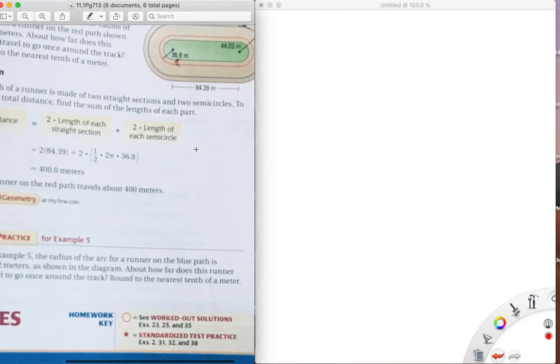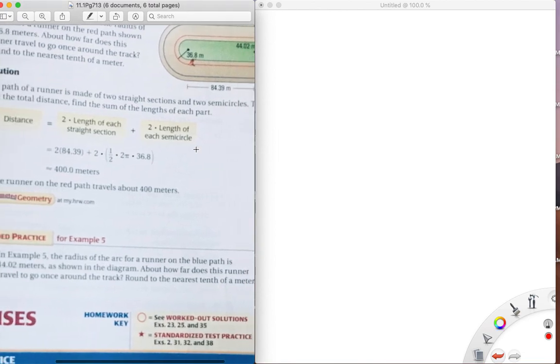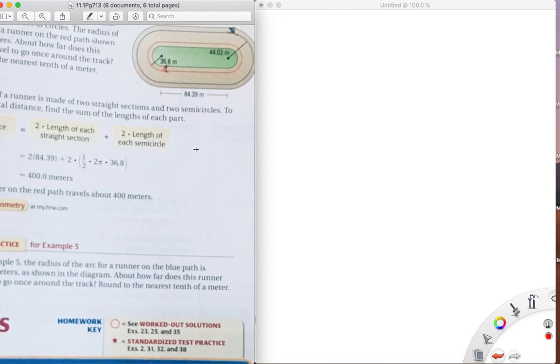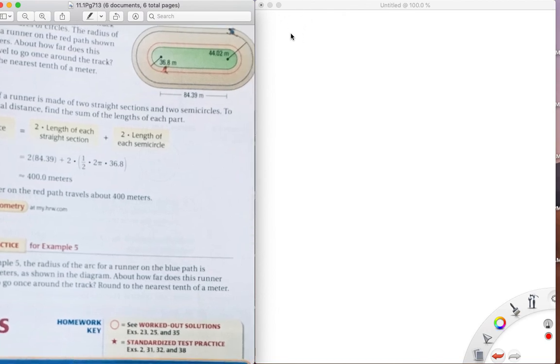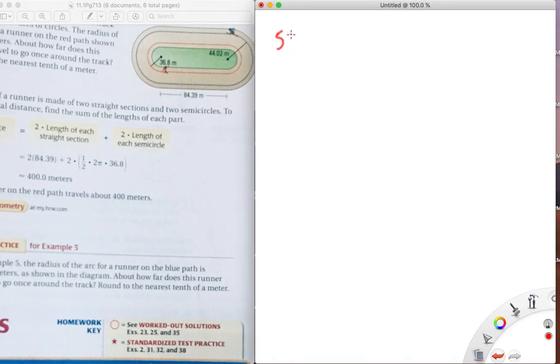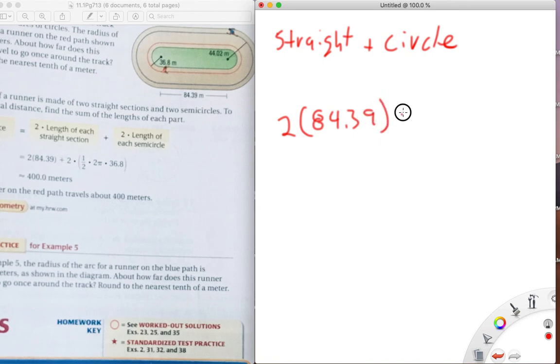So for this, to solve, we're going to basically add the two straight sections, plus the circle, really. So this is going to be 2 times the 84.39 plus the circle.